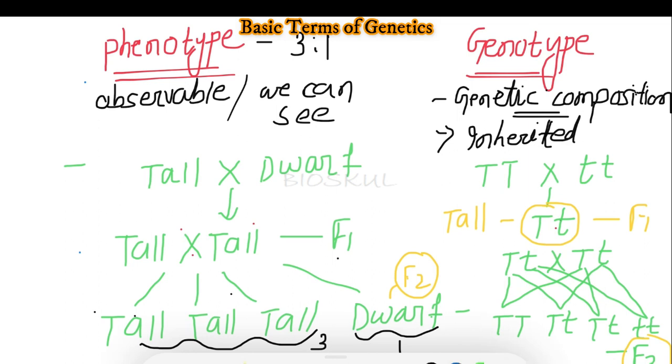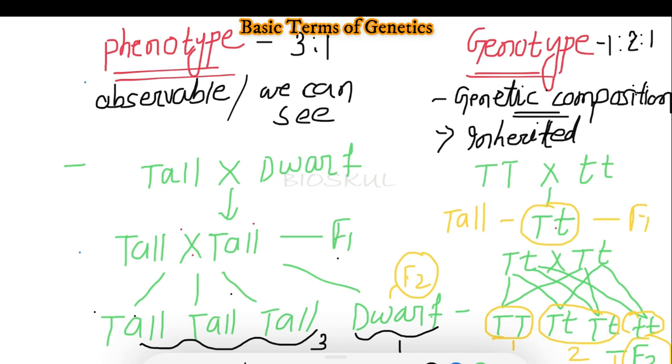So here you can observe three different types of genetic composition, right? One is capital T capital T, then two are capital T small t, and another one is small t small t. So what is the genetic ratio? Here it is 1:2:1.